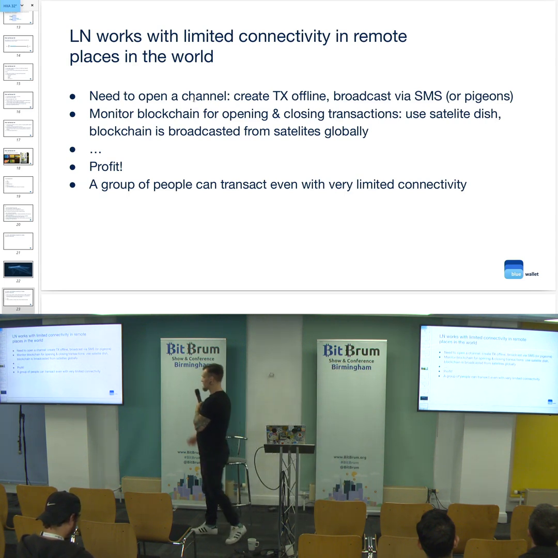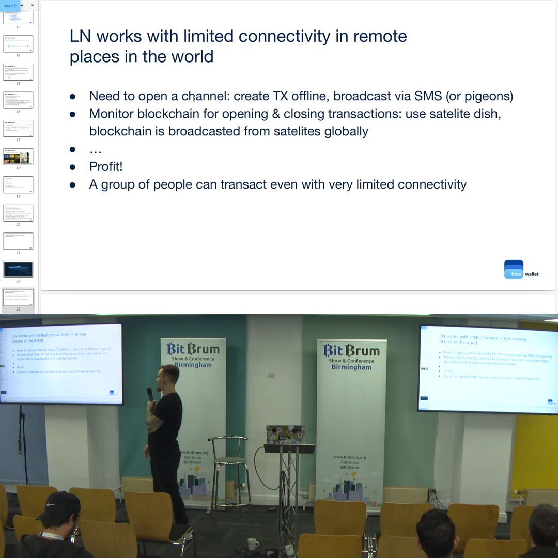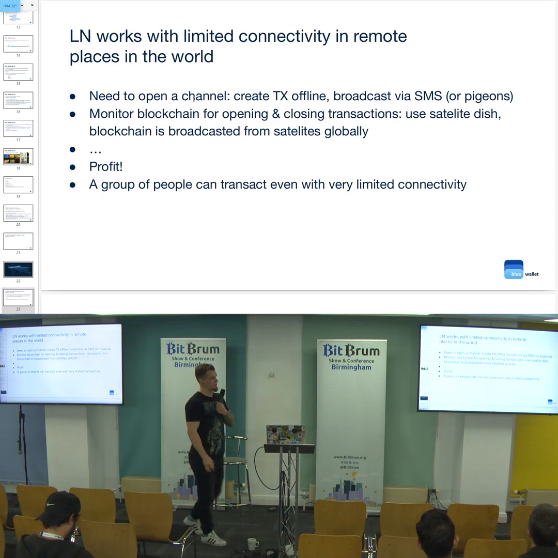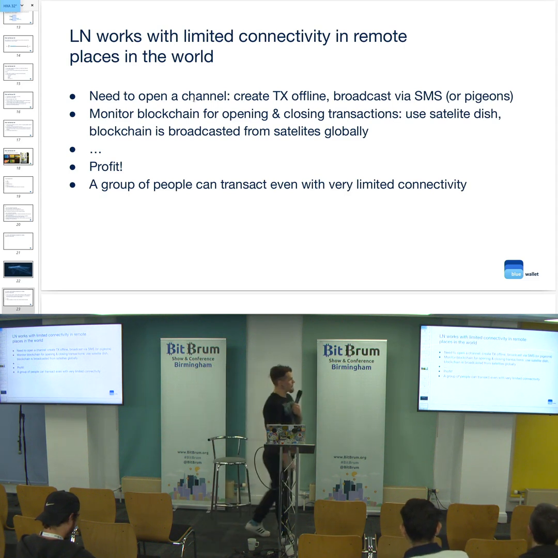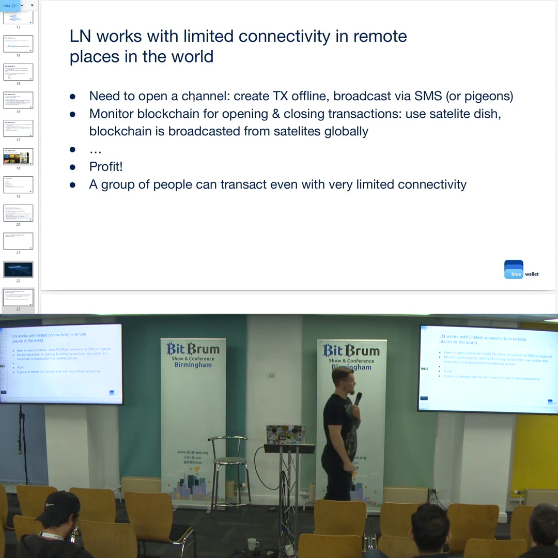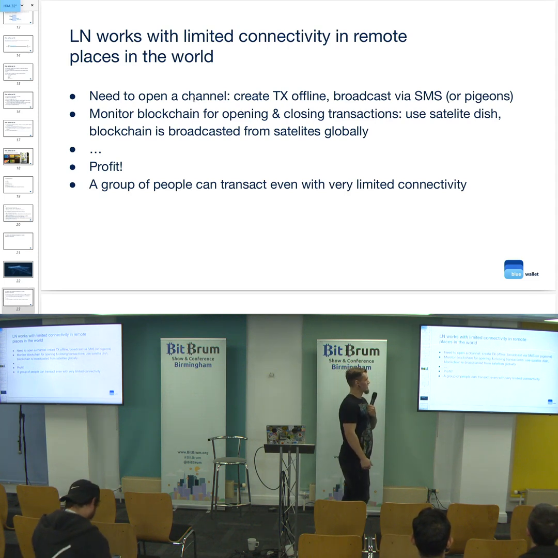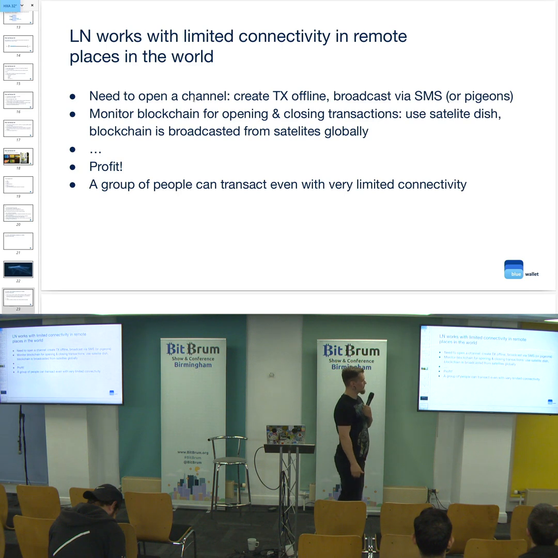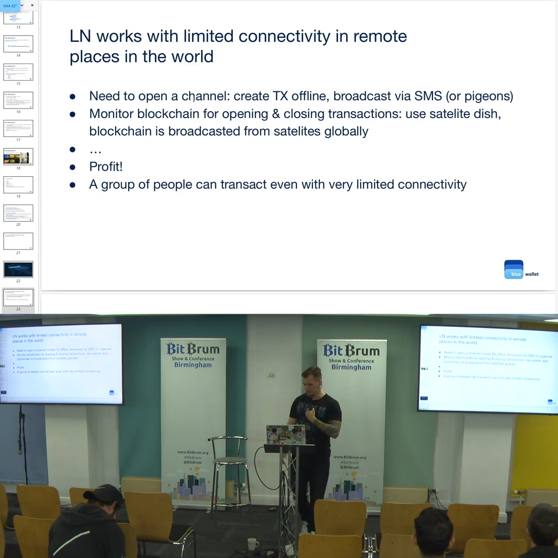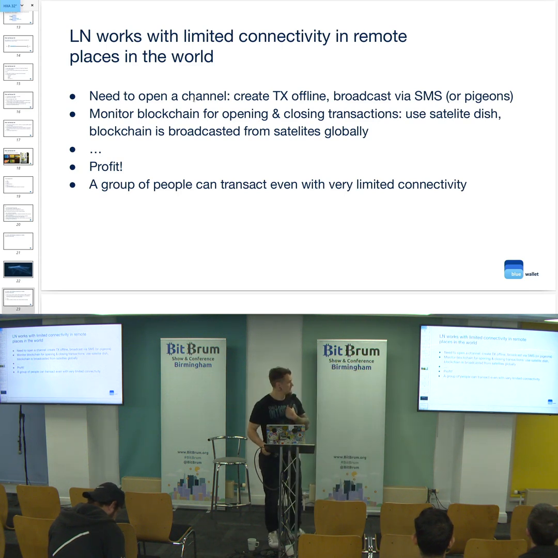So you craft a transaction offline, you broadcast it via SMS, and imagine this transaction is an opening transaction for Lightning Network. And once it's confirmed, you can monitor it through Blockstream satellites. Actually, Bitcoin is the only blockchain that's broadcast from space through satellites. So you can monitor that, and once your channel is opened, you can transact in remote places in the world, on some island.